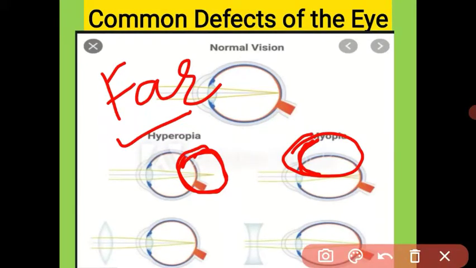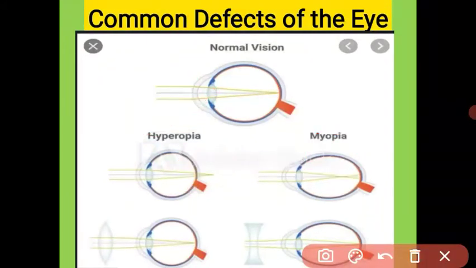So the image is formed behind the retina. In the normal vision the image is formed on the yellow spot, but in hyperopia, farsightedness, the image is formed behind the retina. So the person is not able to see the near object clearly.